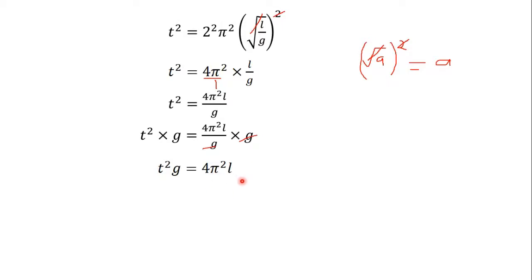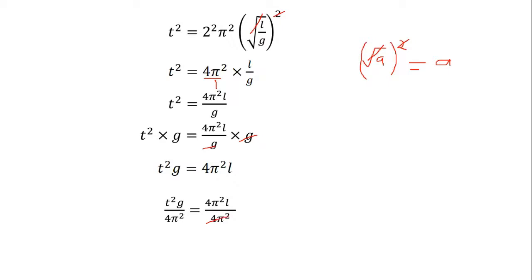We want to make L the subject. What is attached to L is 4 pi squared. What do we do? We divide both sides by the numbers attached to L. So we divide both sides by 4 pi squared. We use it to divide what we have on the left hand side, then we do the same thing to the right hand side.